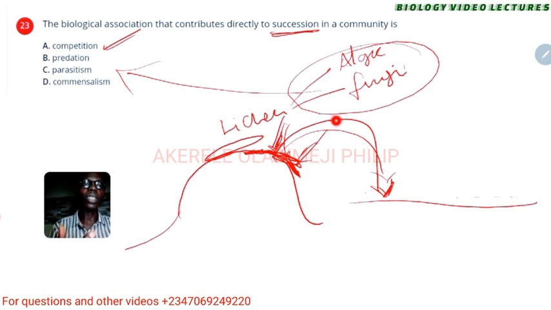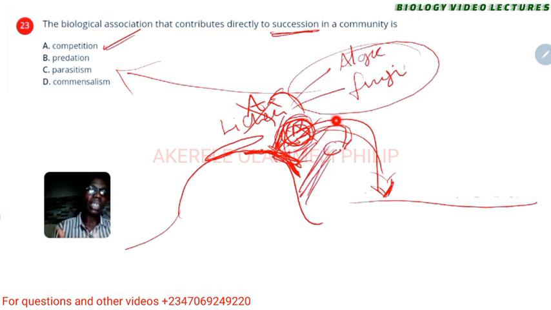But what happened is, let's say this is A, this is B, this is C. Once B arrives, A goes, lichen stops living. When B has made the environment so nice for C to come, C comes in, then B ceases to live. Then let's say C is another bigger plant, some plants that are able to survive, they will crack the rocks and break it some more. Then another better plant will come in. Let's say I'll call that D. All right. So once D comes, C will go. That's what succession is like.